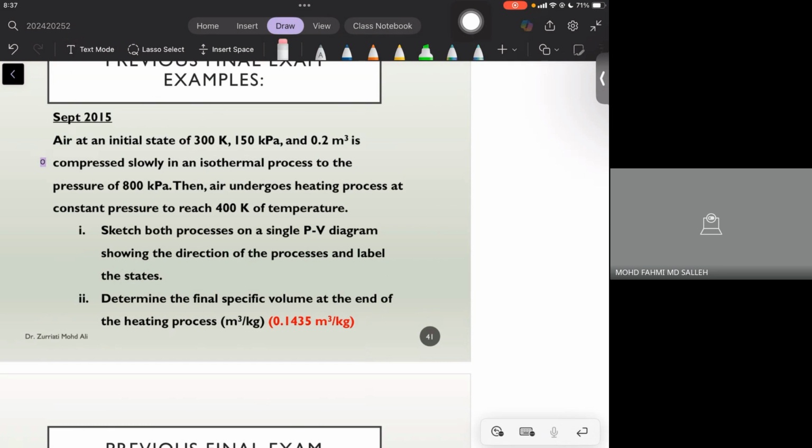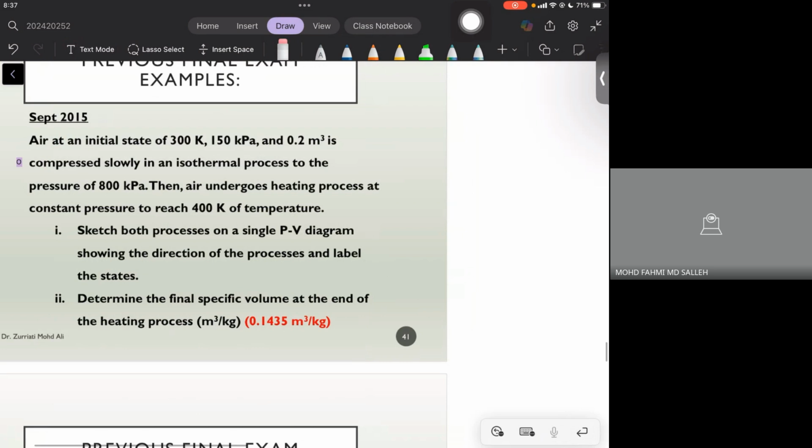Alright, so next, let's list out all the information given in this question. Given over here is T1, P1, and also V1. This will be our P2 after having the isothermal process.